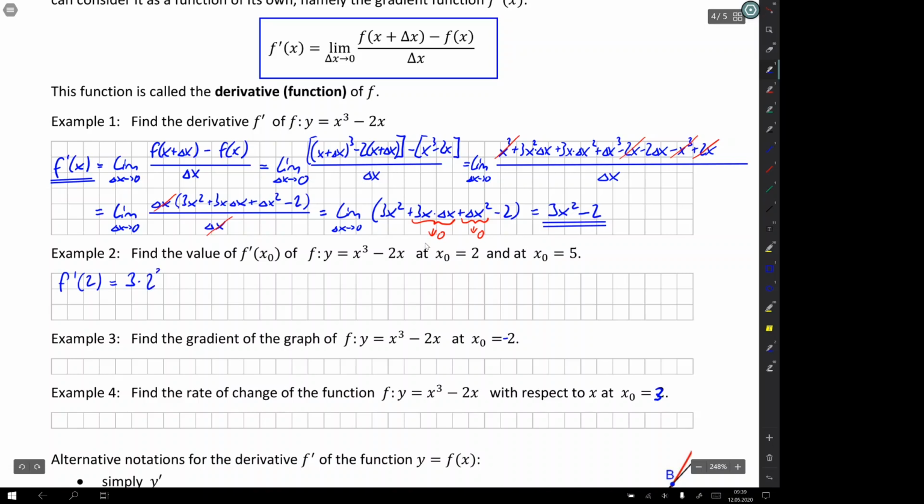So we get 3 times 2 squared minus 2, which means f dash of 2 is 10. The same for f dash of 5. We insert 3 times 5 squared minus 2, and we get 73.